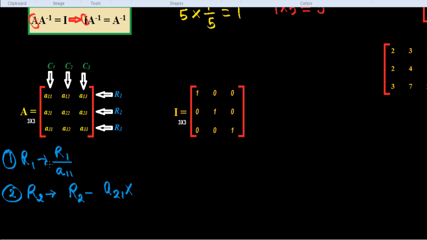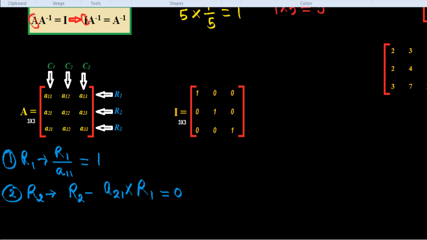If we multiply A21 with 1, it is A21, and when we subtract this, we get 0. So in this process, the element in R2 becomes 0.